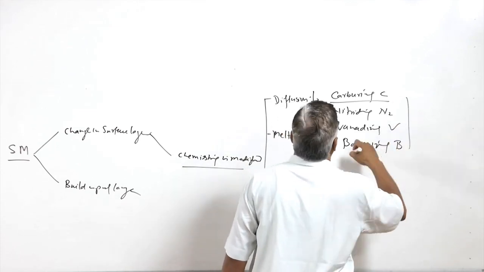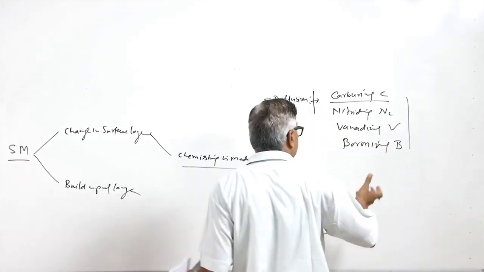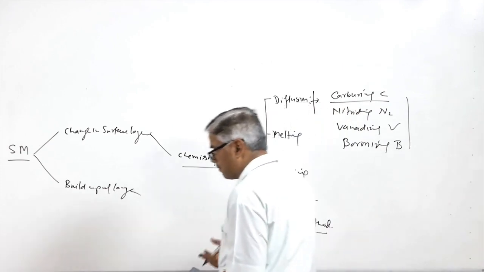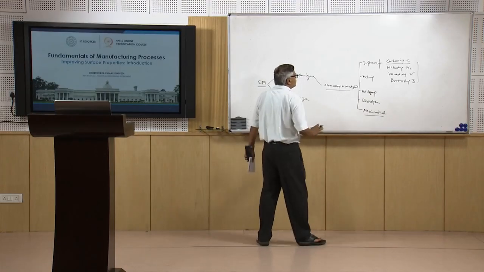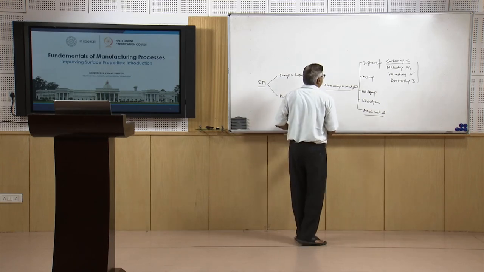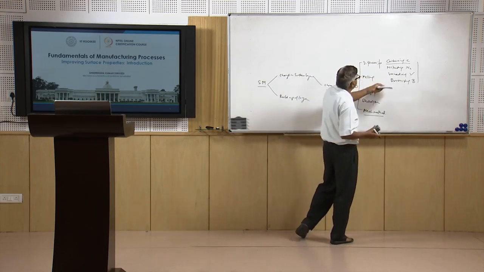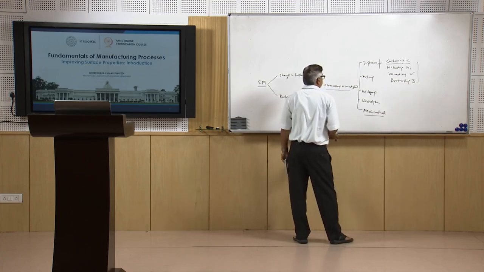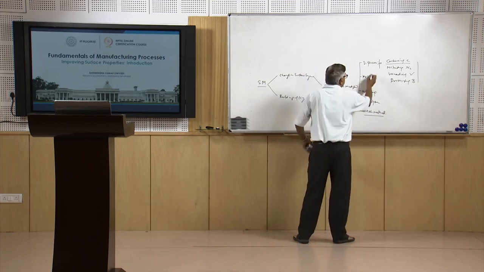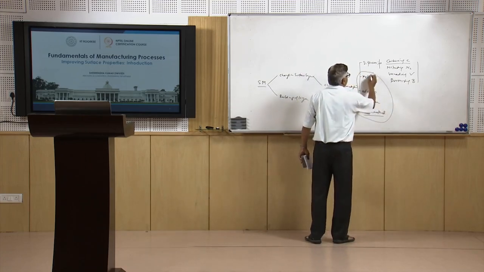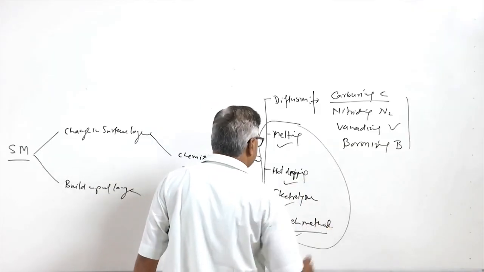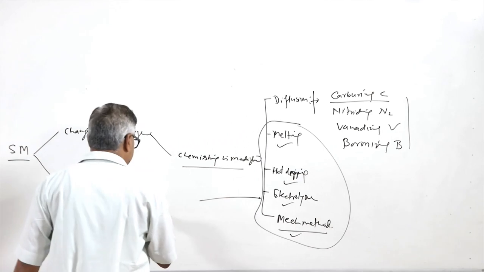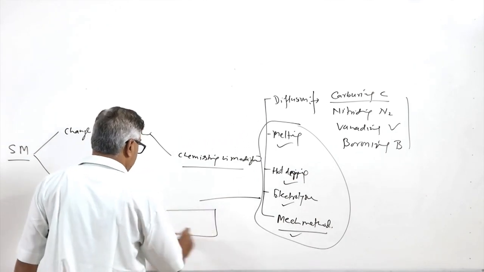The formation of these compounds will lead to improved surface hardness and improved surface properties. So this is one classification, which is primarily diffusion based processes to modify the surface composition. In the other group of processes like melting, hot dipping, electrolysis and the chemical methods, some kind of layer at the surface is developed.